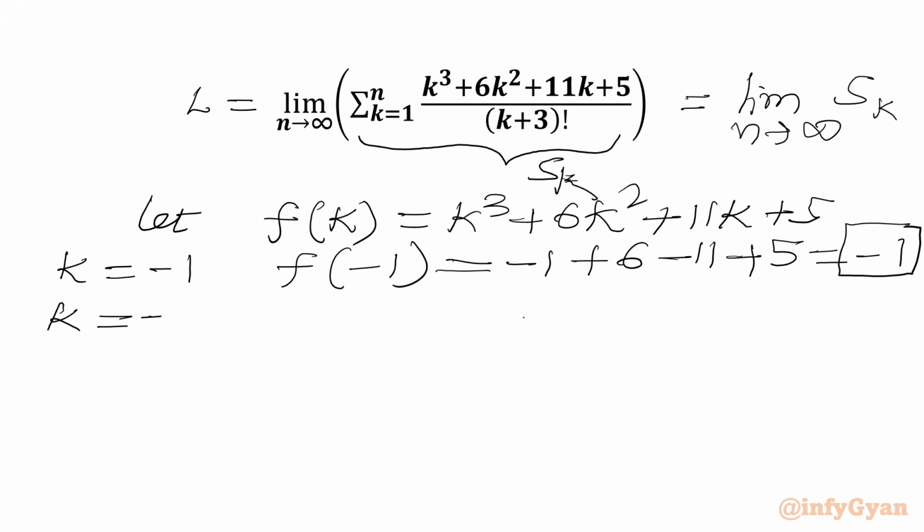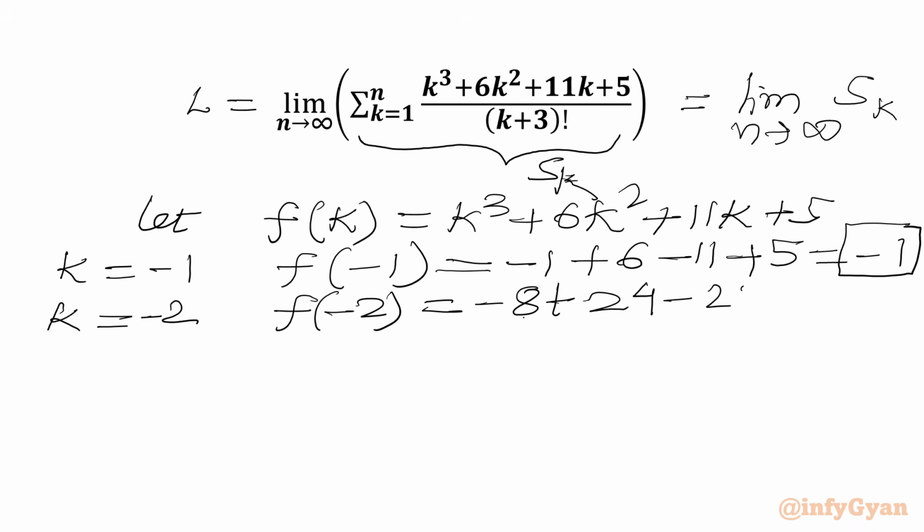By putting k equal to -2, we are going to find f of -2, which will be equal to -2 cube, minus 8, plus 6 times 4, 24, plus 11 times -2, minus 22, plus 5. So we have 29 minus 30, minus 1.